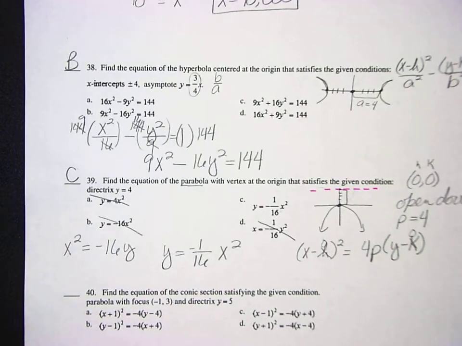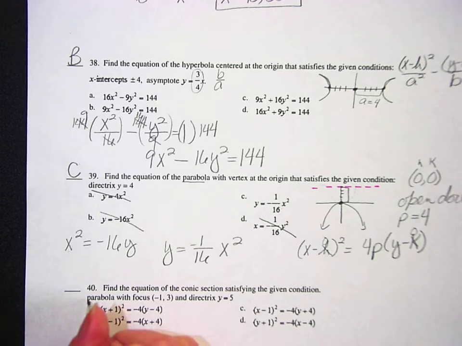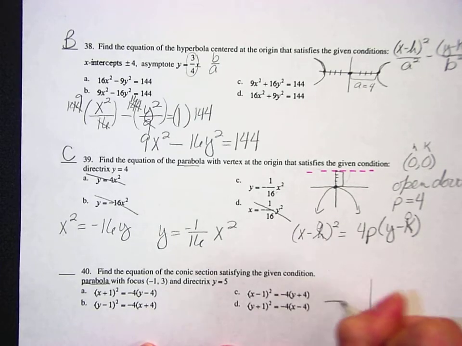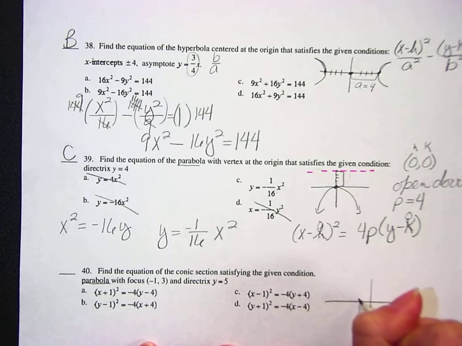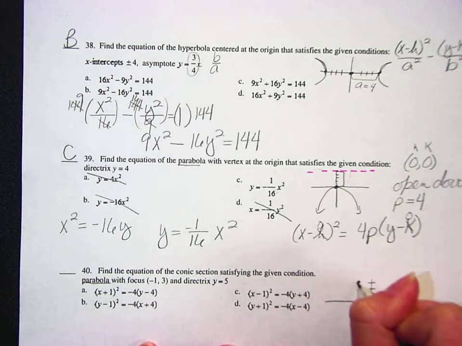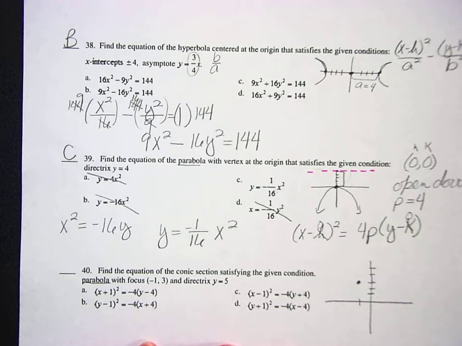All right, then the last one on this page, number 40, we are looking at the equation of a parabola again. So again, let me write down kind of what I'm given. This time they've given me a focus at negative 1, 3, right here, and a directrix at y equals 5.